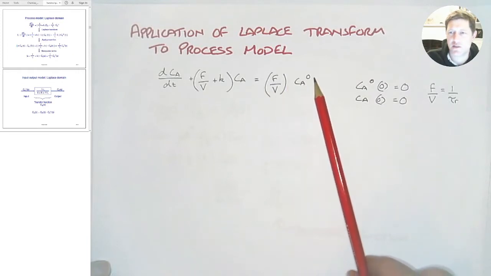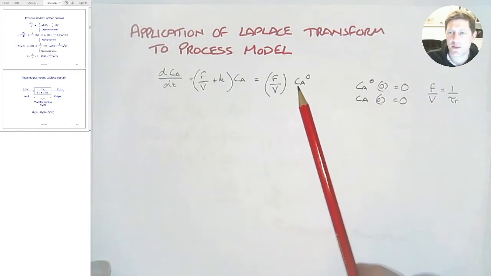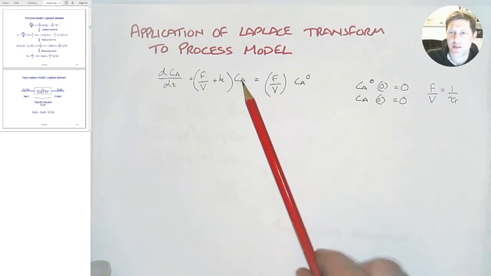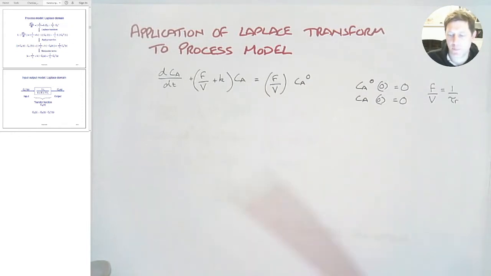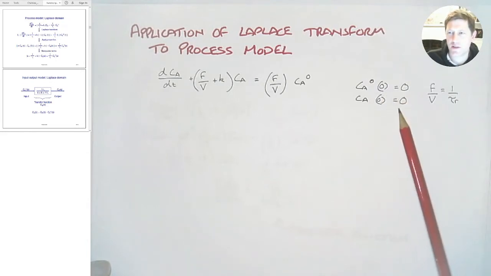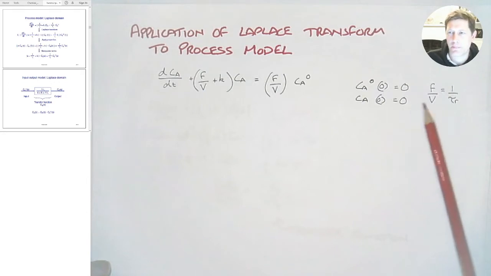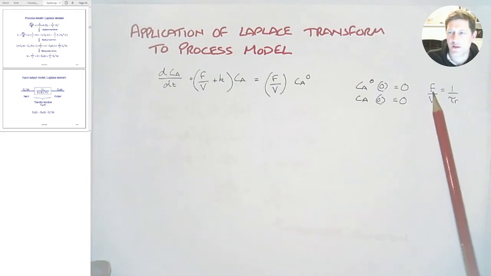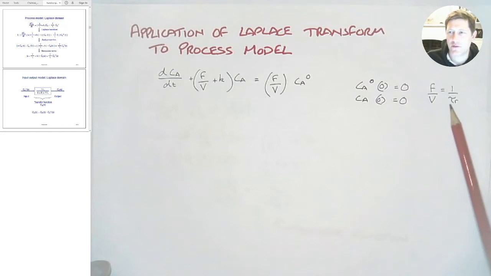And Ca0 is the concentration of the flow into the tank. So Ca0 and Ca are both functions of time. Initially, these are both 0, and of course V divided by F would be the residence time of the system, and so F over V is 1 over the residence time.